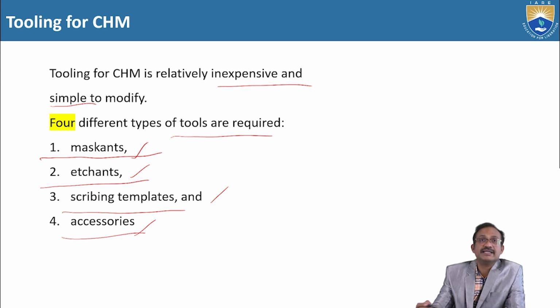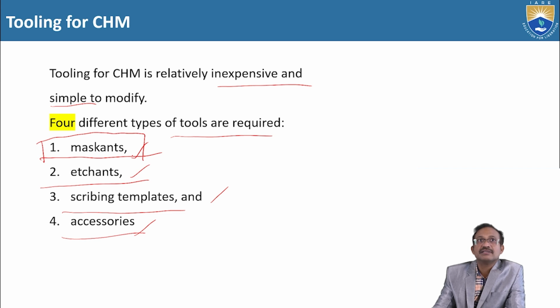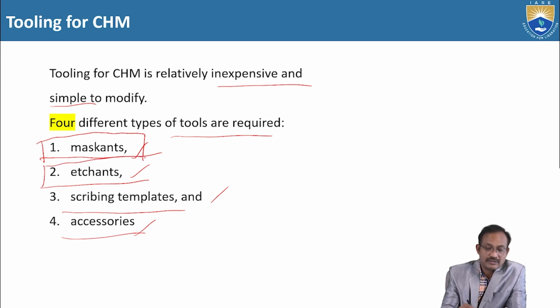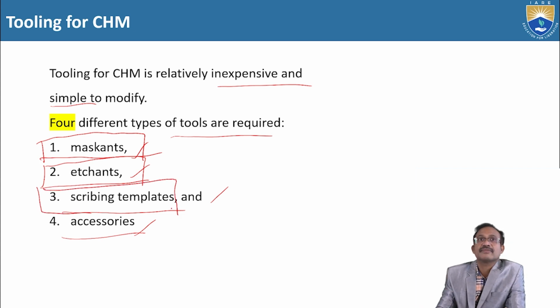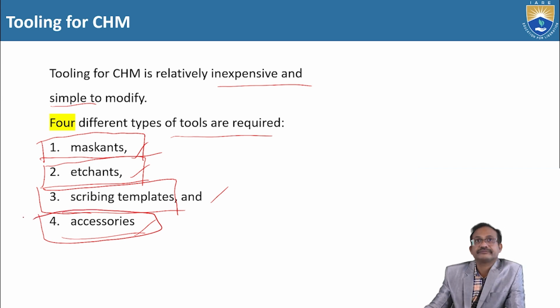Let me reiterate these 4 types of tools for chemical milling: maskants, etchants, scribing templates, and accessories.